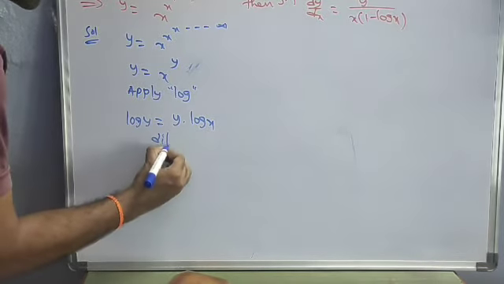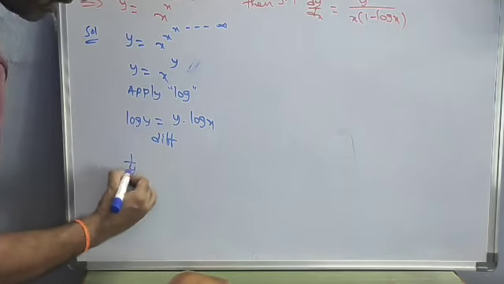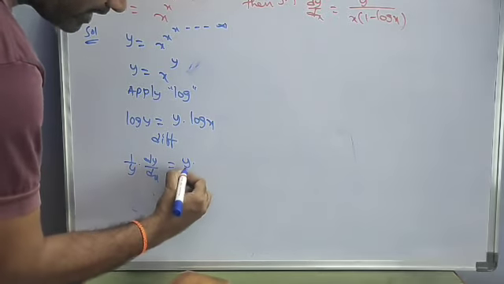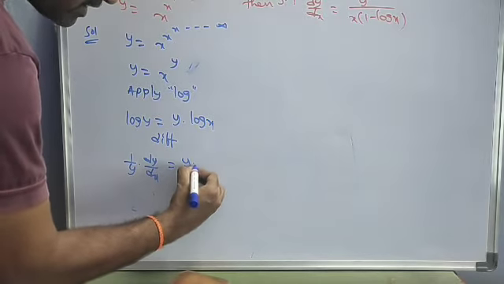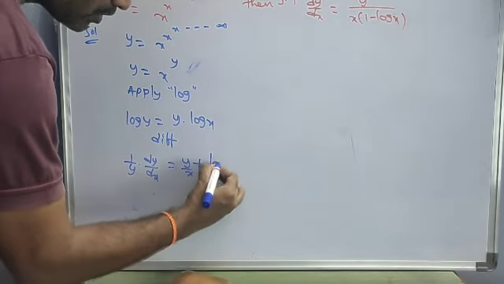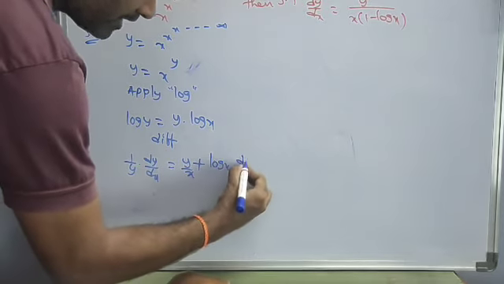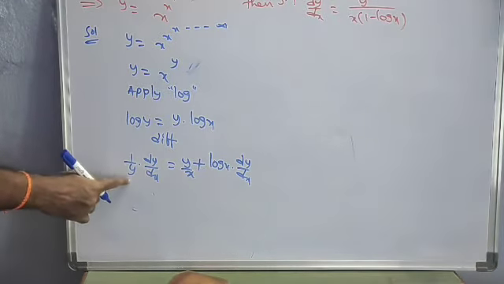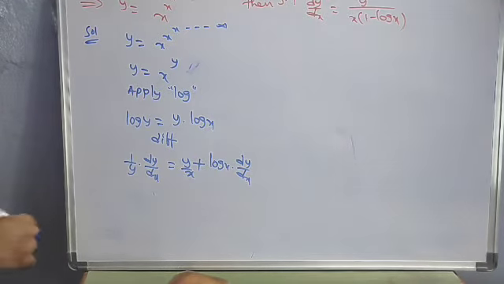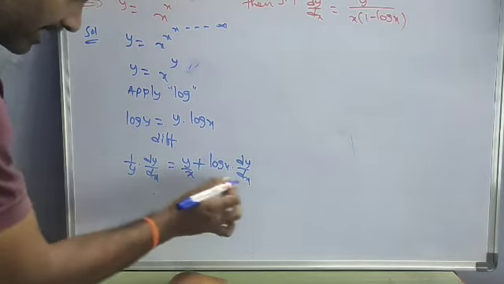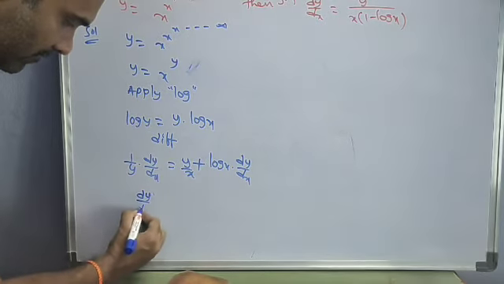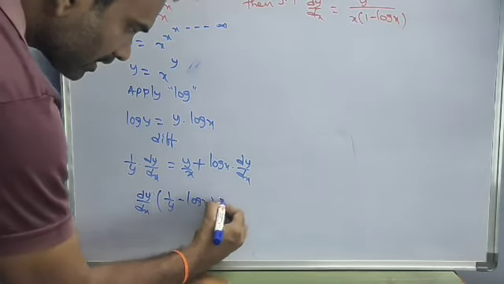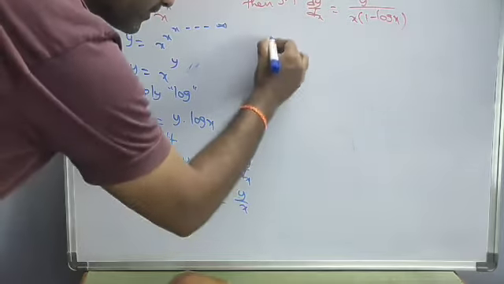Differentiate: 1 by y into dy by dx equals y into the differentiation of log x, which is 1 by x, plus log x into the differentiation of y, which is dy by dx. Here the dy by dx coefficient is 1 by y. Okay, so taking this value to this side, dy by dx times (1 by y minus log x) equals y by x.